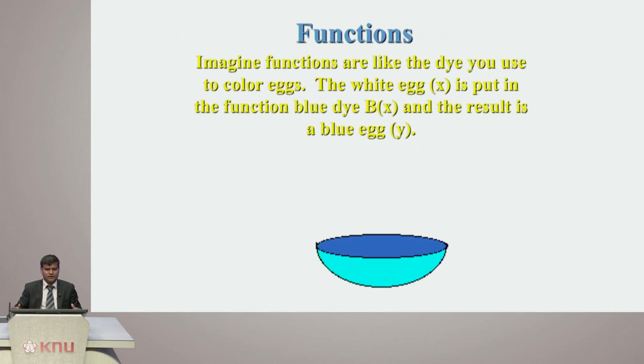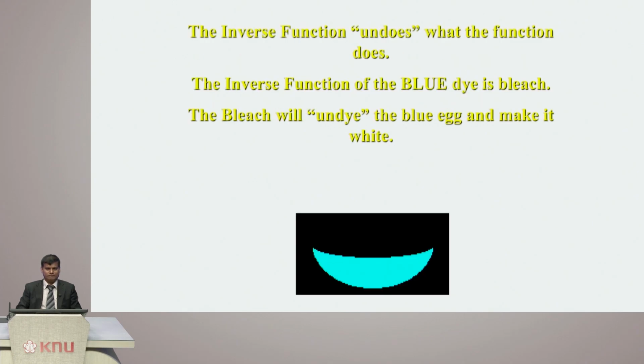Just imagine a function is like a dye you use to color eggs. A white egg is the input. You have an egg that has been given as an input, and the function blue dye gives you the result as a blue egg.